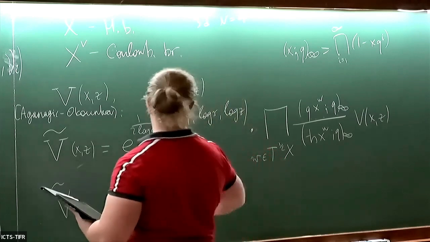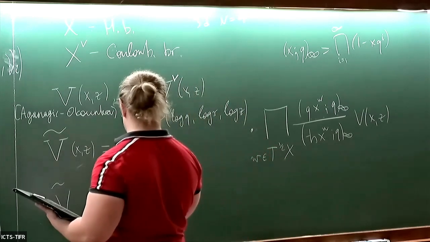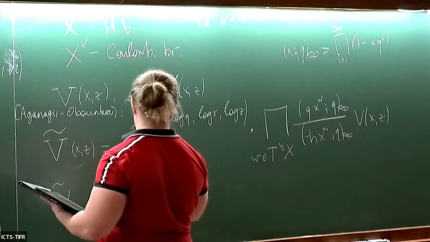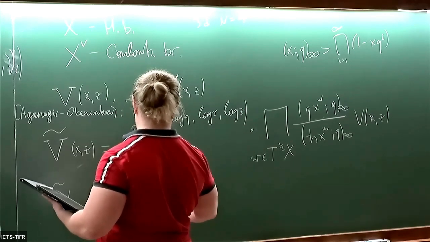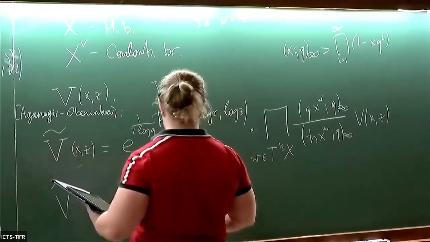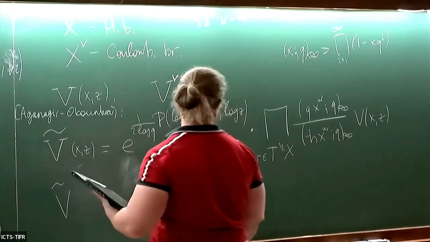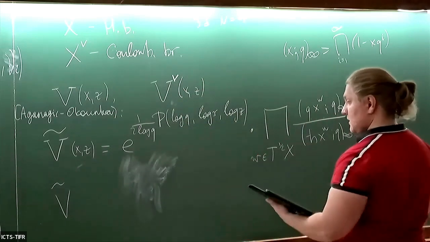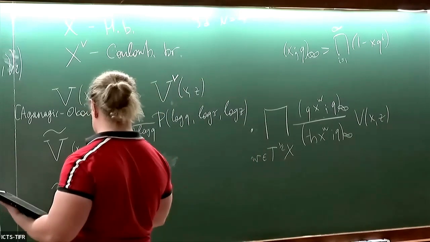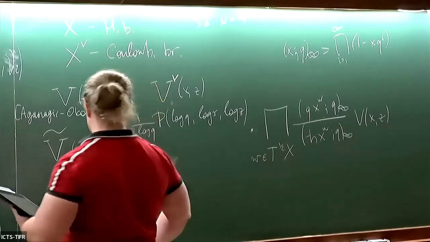But roughly, you get expressions like log x, log z divided by log q, expressions of this type in the exponential. And then there's a similar thing for the dual one.